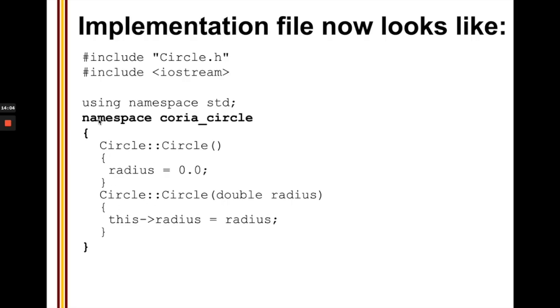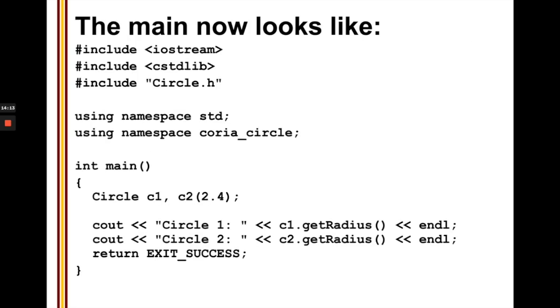See how if you got rid of this, it would just look like your class implementation would normally look. No big deal. And then in your main, you could just add using namespace and then this new namespace you created. And C++ will know, when it gets to code that it doesn't recognize, to look in those namespaces.